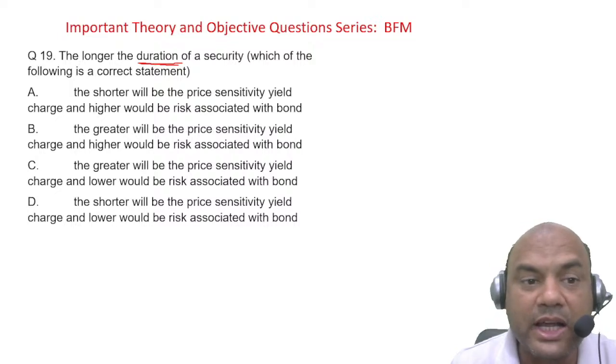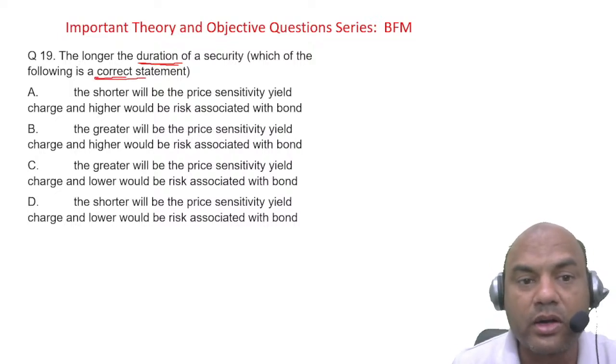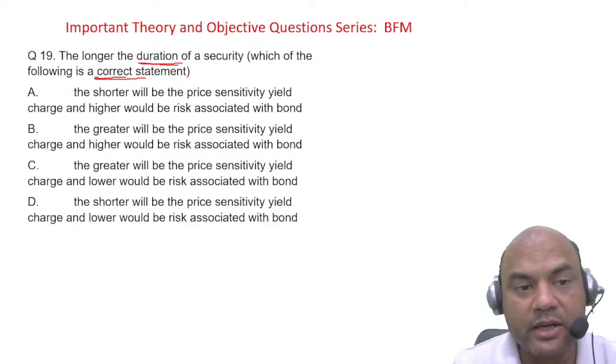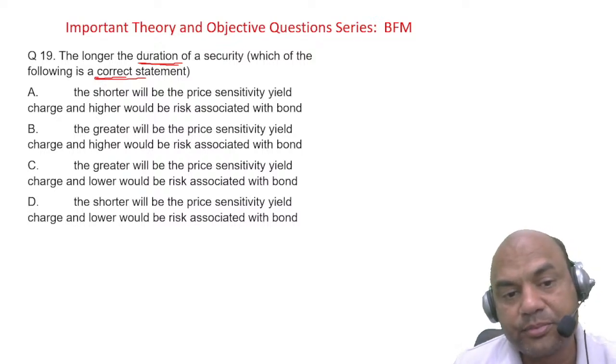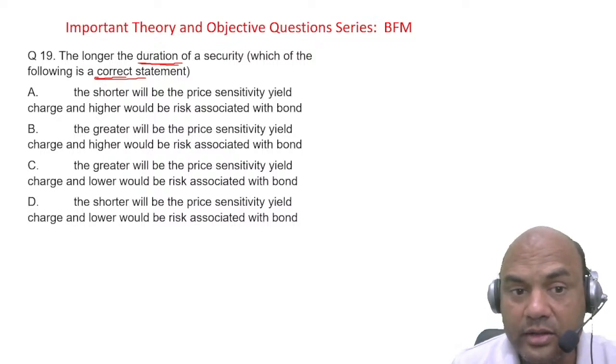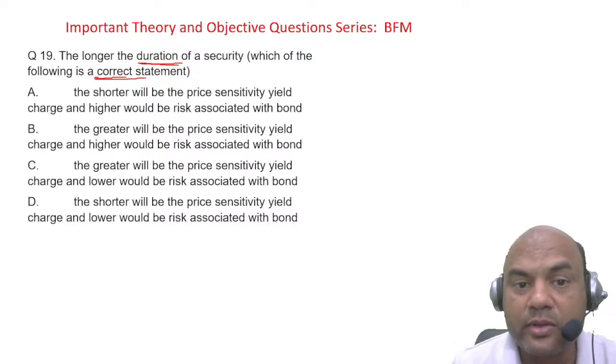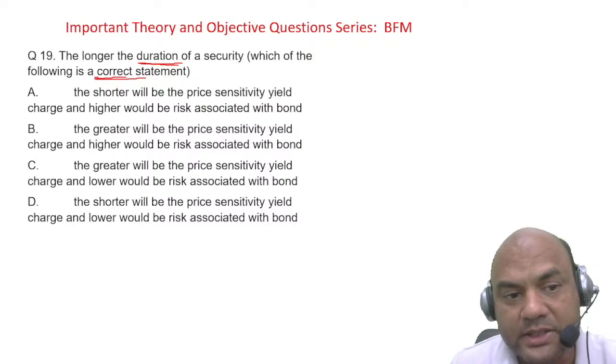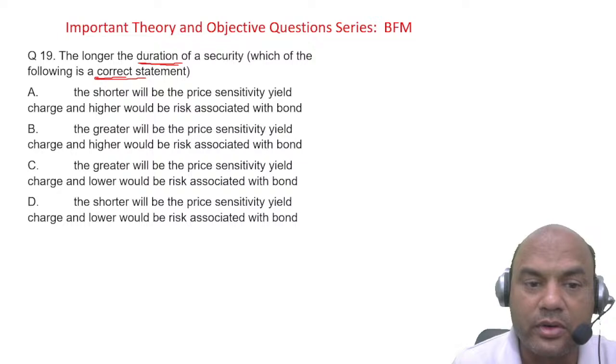Which of them is correct? Now we want the correct one. Longer the duration of the bond, the shorter will be the price sensitivity to yield change, and higher would be the risk associated with the bond. Think over it. Next, greater will be the price sensitivity to yield change, and higher would be the risk associated with the bond.